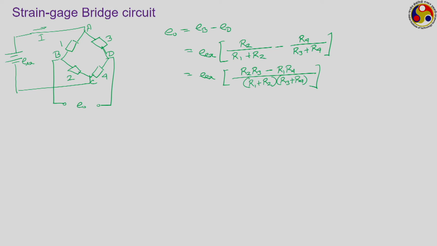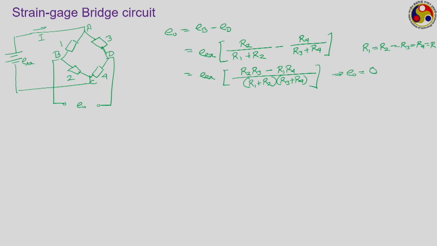And if all these resistances are of equal value, that is R1, R2, R3, R4 all are equal to some R, then you will get E0 equal to 0 under normal situation.